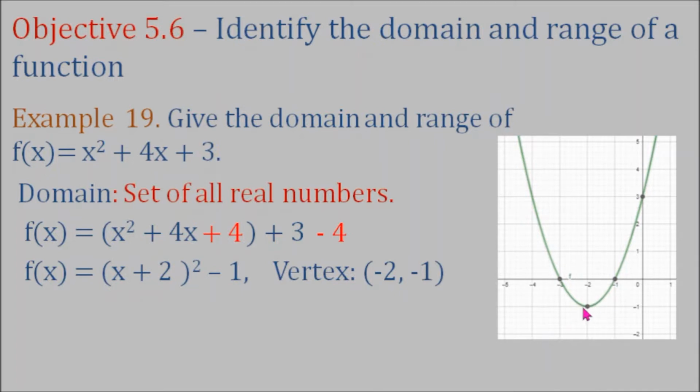Now when you say range, we are going to look at it from the lowest point to the highest point, or from the highest point to the lowest point. Because our graph opens upward, this is the lowest point here. And therefore the range is y is greater than or equal to negative 1. Meaning to say from negative 1 going upward.